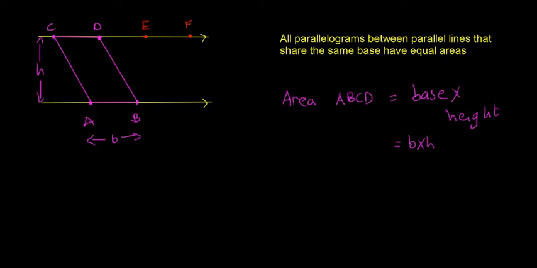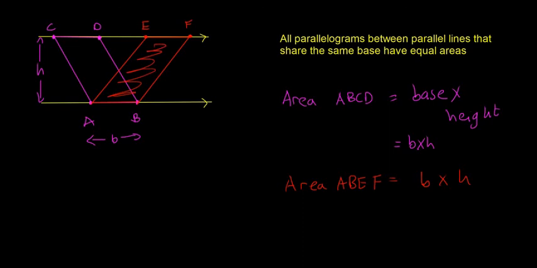Now if we look at this red parallelogram, again it's going to share the same base, AB, and it's going to have two different points at the top, like this. So now we have ABEF. The area of ABEF is equal to b multiplied by h, because again the height of this parallelogram is the same. So the area of it is the exact same as the area of this. Okay, and we'll just say area same.